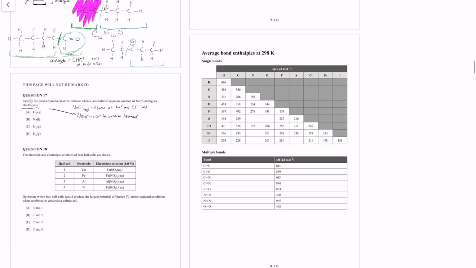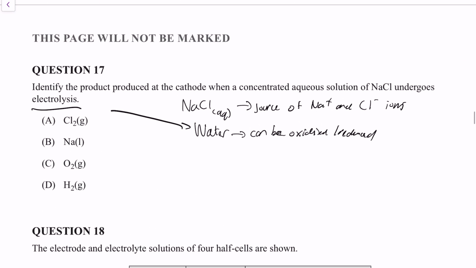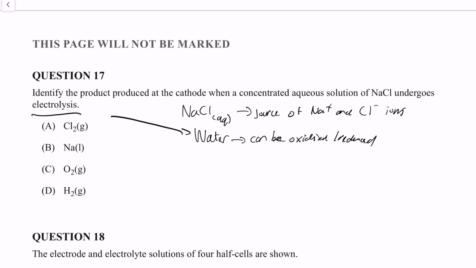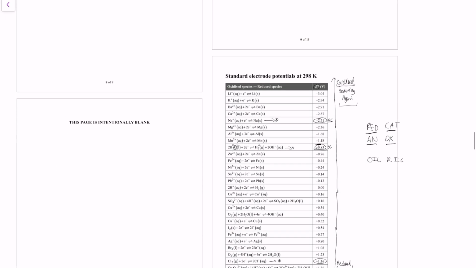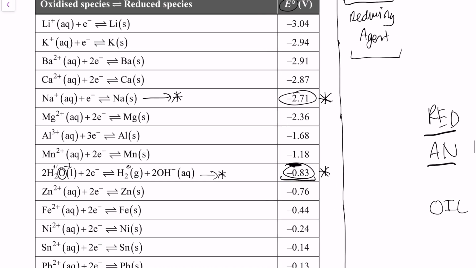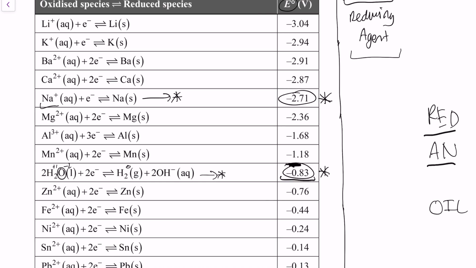So just essentially know that reduction always happens at the cathode. So if we know red cat, cathode, reduction, we need to think about which one is going to be more reduced between the Na plus and the H2.